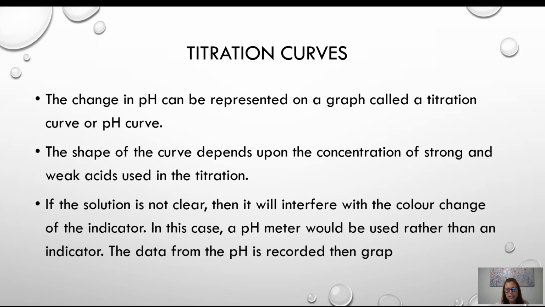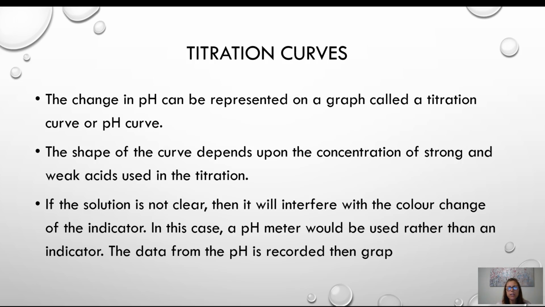But another way we can see this is in our graph, and we can call them titration curves, sometimes a pH curve. The shape of the curve gives us an indication of what's going on in the reaction, and it does depend on the different types of acids and bases that we have in the reaction.